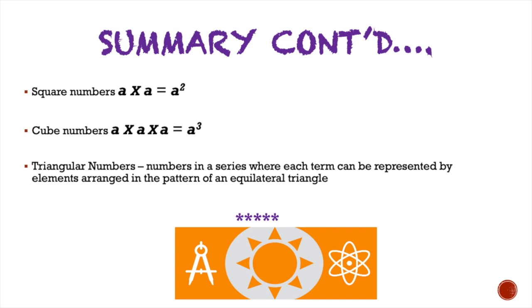We also talked about the formula used to calculate the value of each term in the triangular series of numbers. That formula being n plus 1 multiplied by n divided by 2, where n represents the term in the triangular sequence of numbers in question.